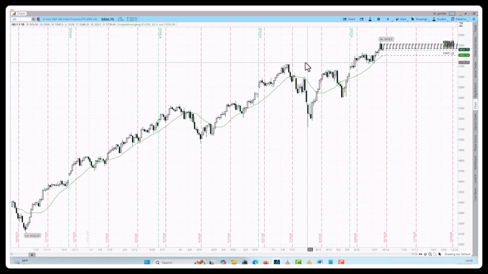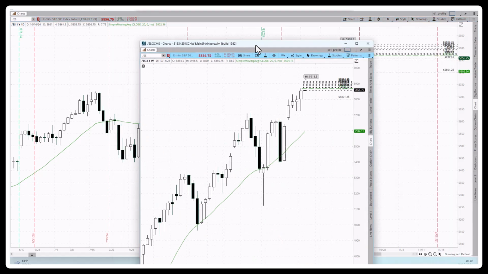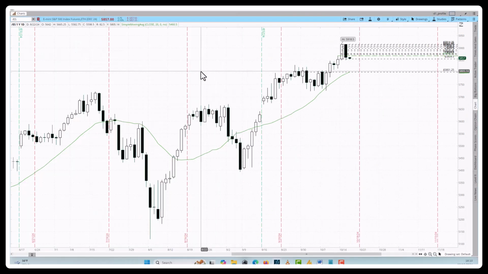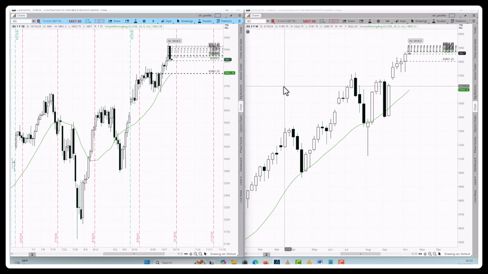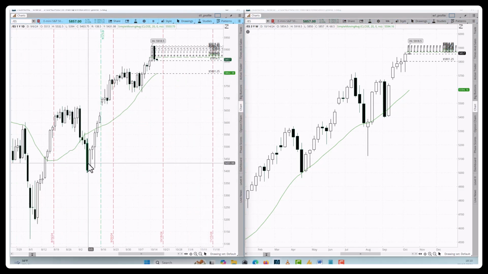It's similar to, in sync with, the weekly. If you put them side by side, you can see that it's releasing up. So basically, you have a reversal, expansion, retracement, expansion, and reverse.